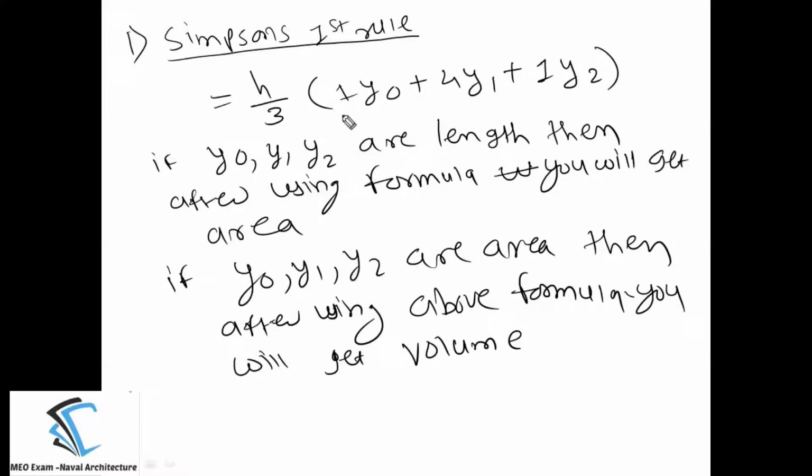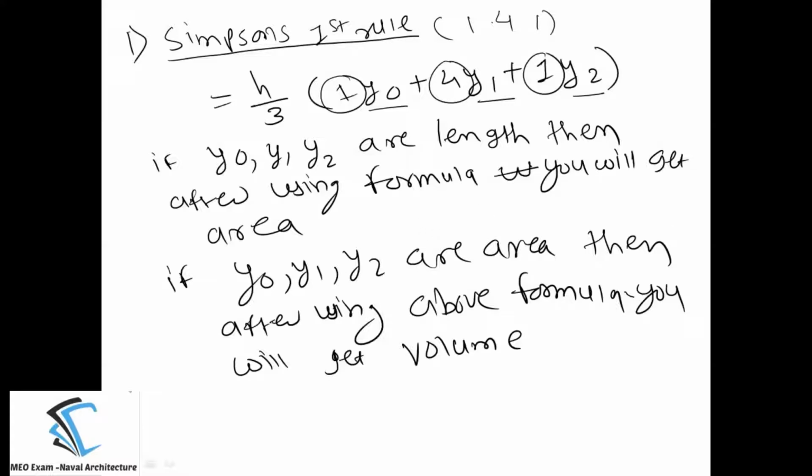Now in this case you can see the coefficients of y0, y1, y2 are 1, 4, 1. So these coefficients we will now call the Simpson's multiplier. As we used the trapezoidal multiplier, in this case we will call it the Simpson's multiplier 1, 4, 1. So for Simpson's first rule, the Simpson's multiplier is 1, 4, 1.